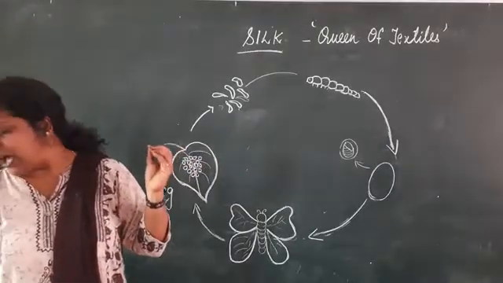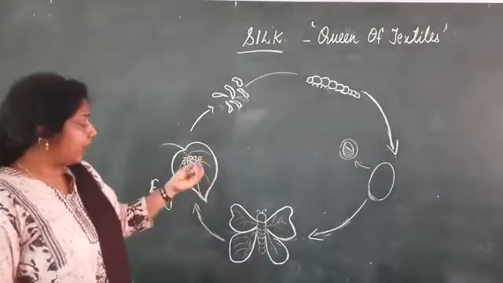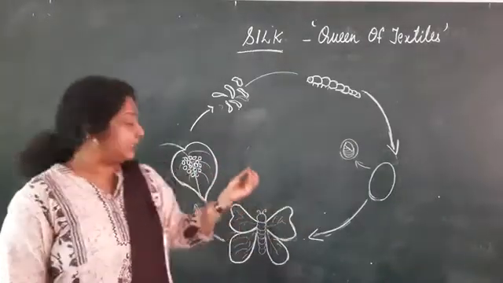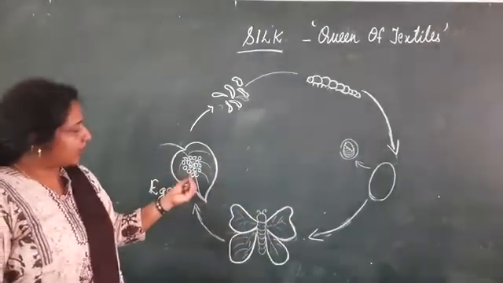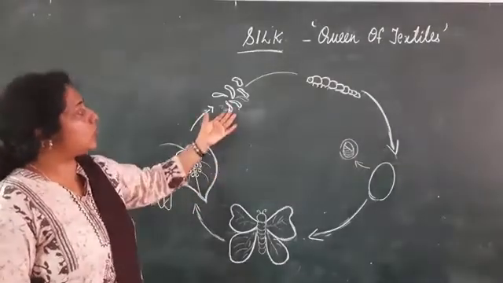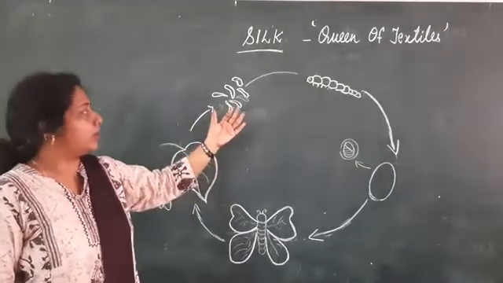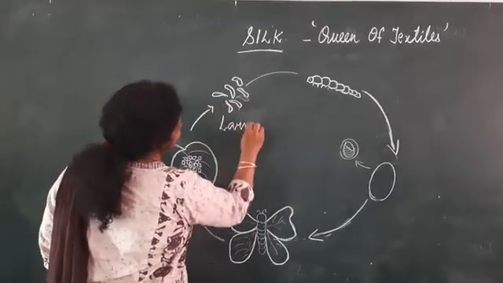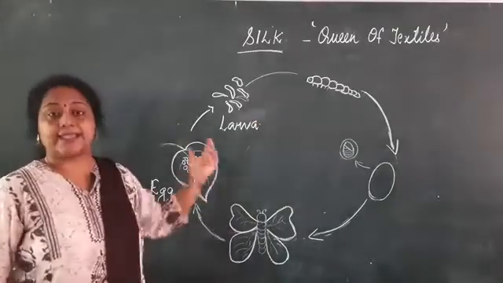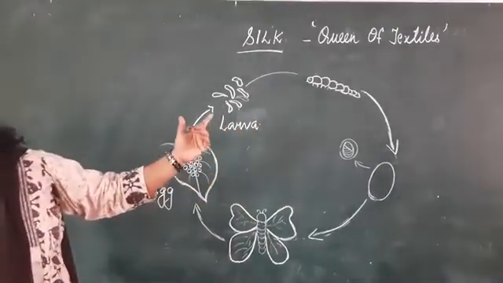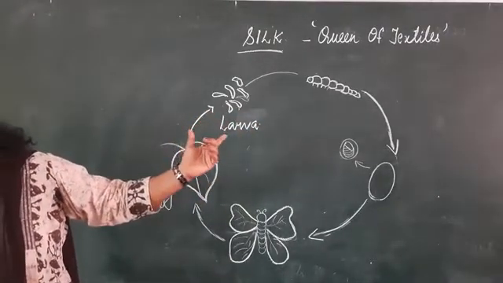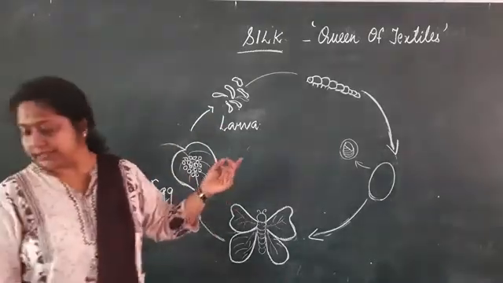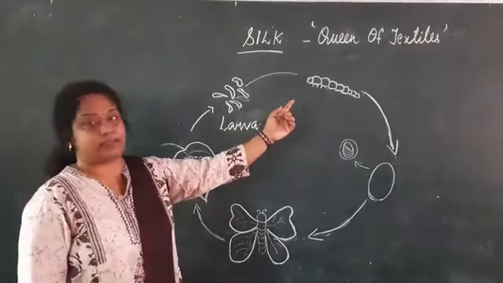Then after 35 to 40 days, from the eggs hatches out the small larva. What is it? These are the larva. From the eggs hatches out the larva, which is also called the silkworm or the caterpillar.